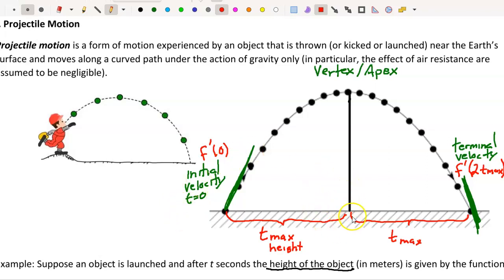Now, if I want to find how high this goes, or the time it takes to get here, let's do that one first. You'll notice these all have different slopes, and as I get higher and higher, once I get to the vertex or the apex, you'll notice it's a slope of 0.